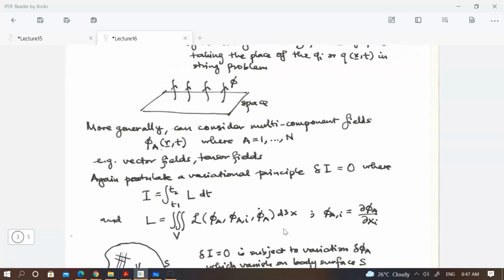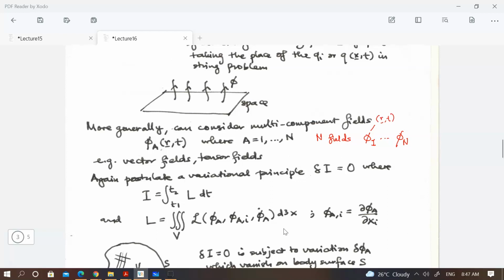And of course, you can even have multi-component fields, meaning you have several different fields considered. So I can have n fields here. phi 1 is one particular field, and phi n is another particular field, and each of these depends on r and t.